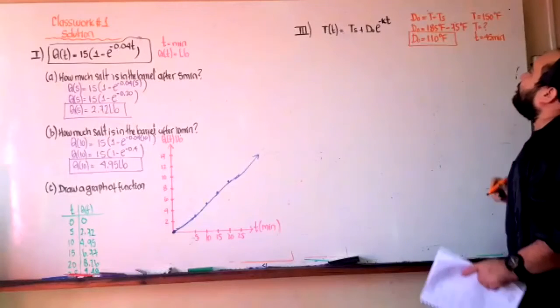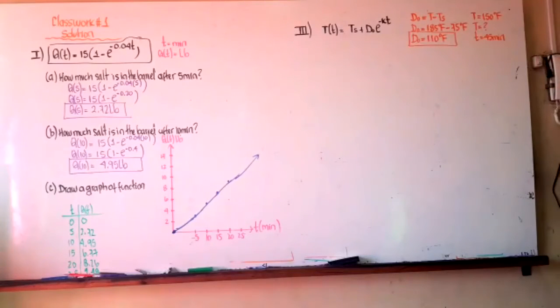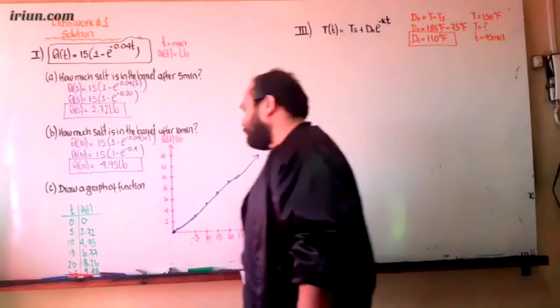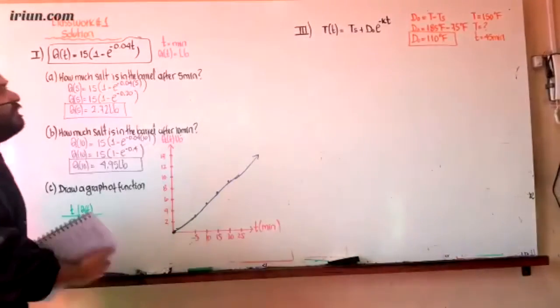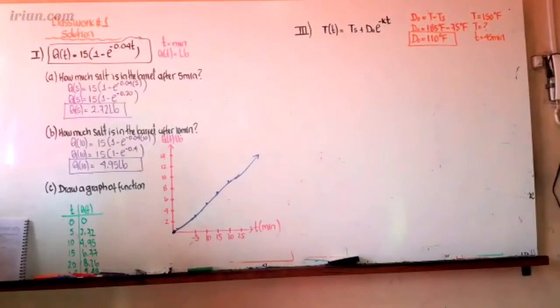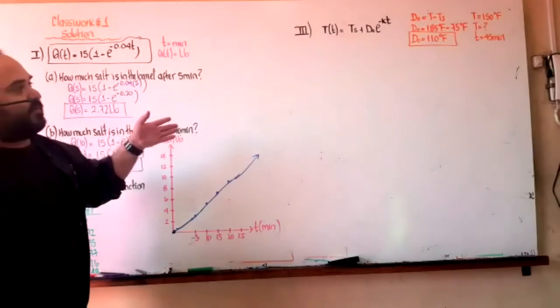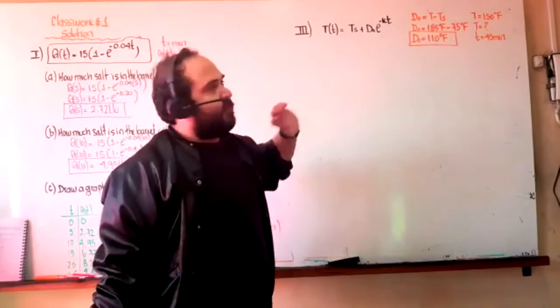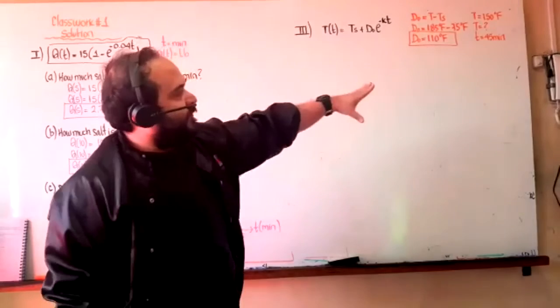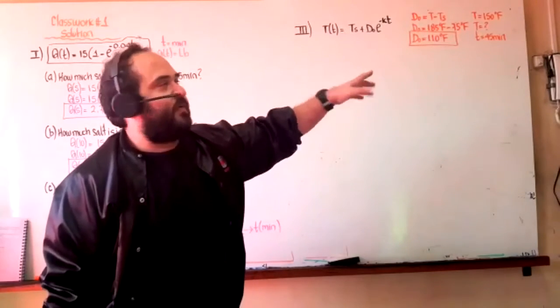So before solving the question of what the temperature will be after 45 minutes, we really need to know the constant of cooling in Newton's law. That's why, before establishing the solution to the problem, we are looking for the value of K, before answering the question for t equals 45 minutes.